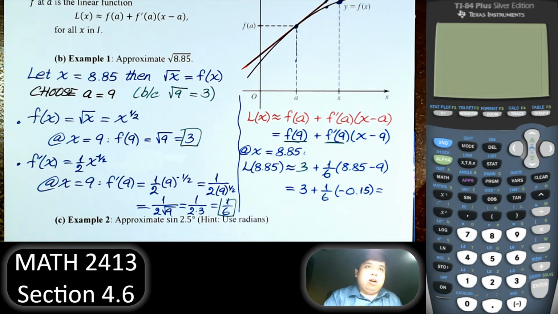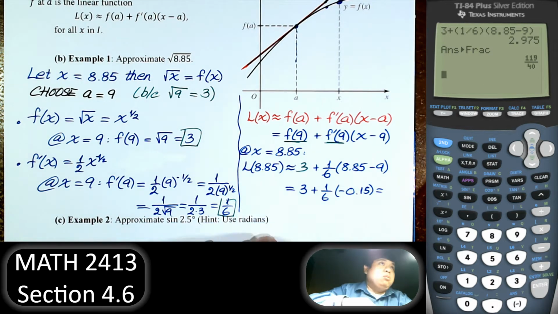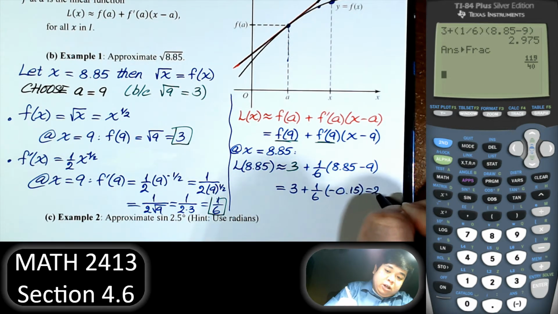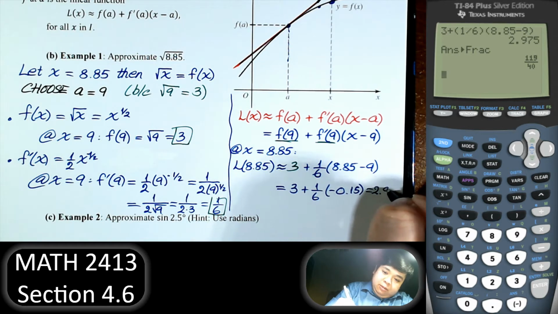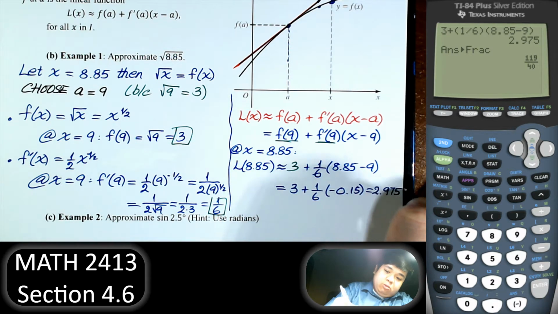In the spirit of approximation, we will use a calculator just to get the estimate: 1 over 6 times 8.85 minus 9. If we want a fraction, it is 119 over 40, but in the spirit of approximation, we just keep it in decimal.